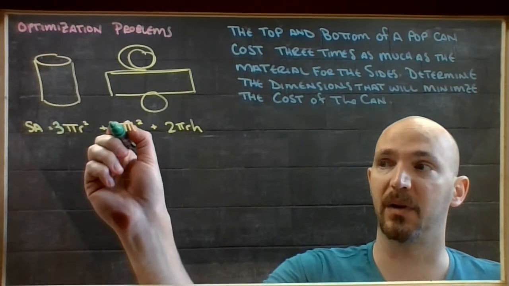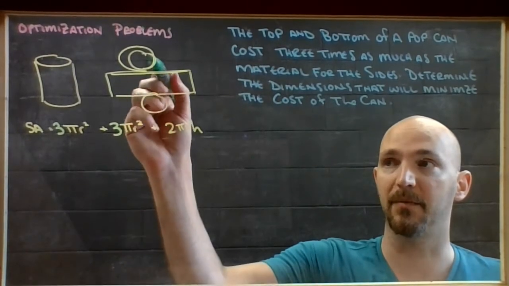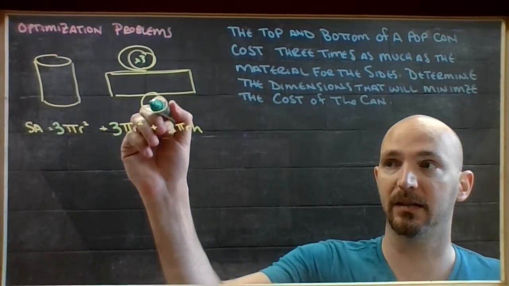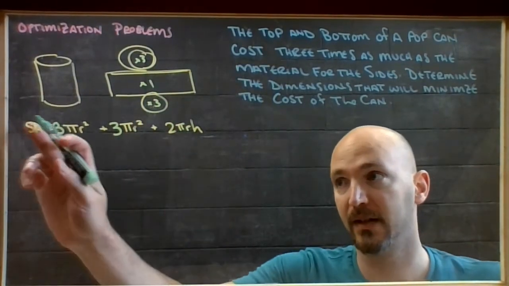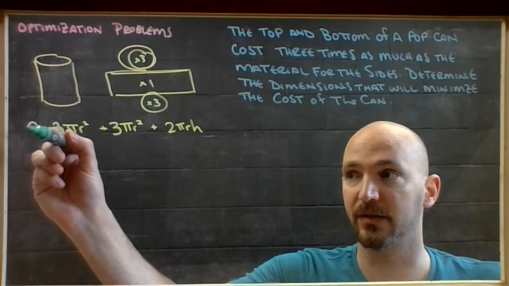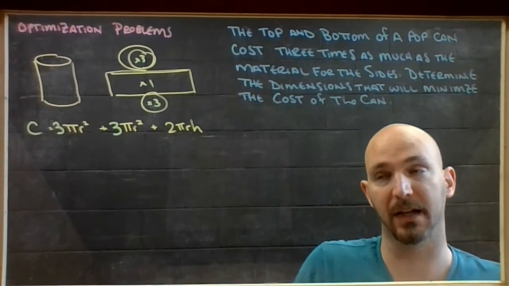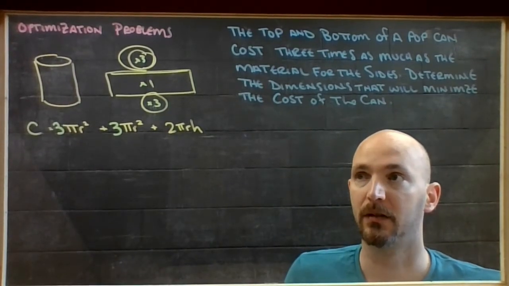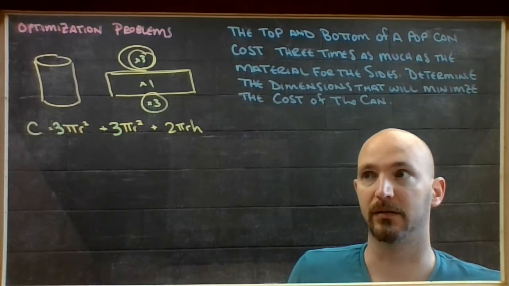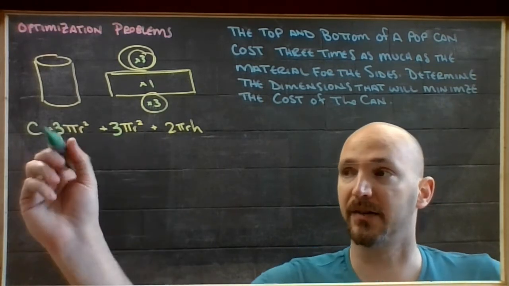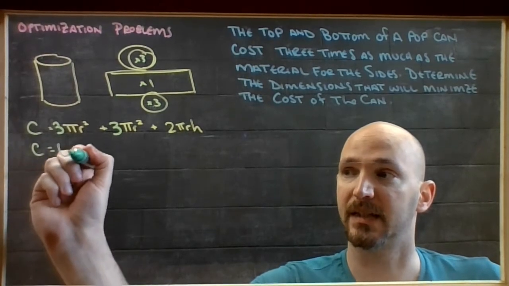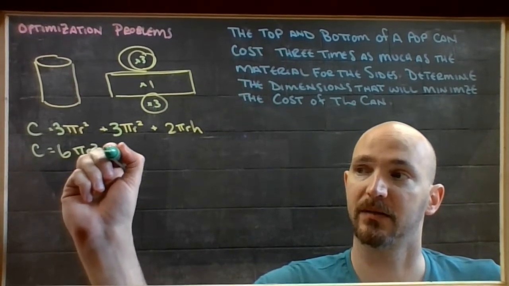And the same for the bottom here. So if I buy this times 3, this times 3, and this times 1, I will have turned this into the cost equation for this particular can. Okay, good. So 3 pi r squared and 3 pi r squared adds together to give me 6 pi r squared.